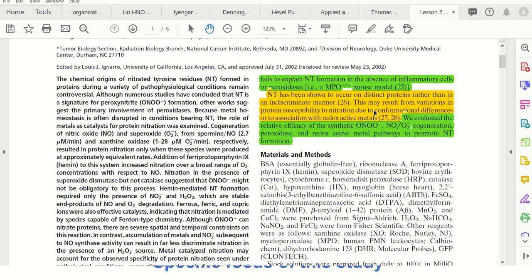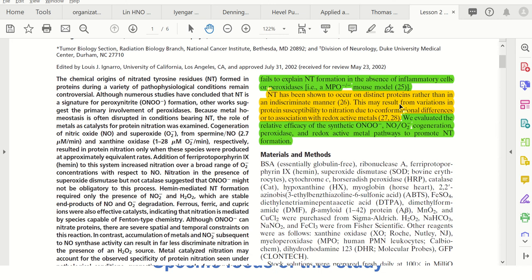So this hypothesis statement is somewhat hidden, and this may happen. You may notice this as you read papers, that no one will sit there and say, we hypothesize that this and this will occur. Keywords that you may find instead are, for instance, "this may result." That's not a statement of absolute certainty.